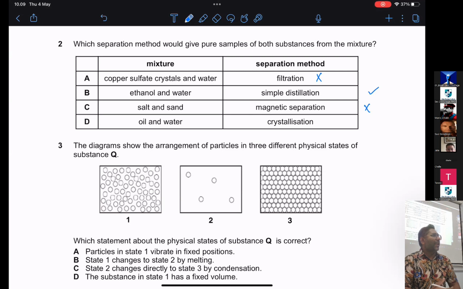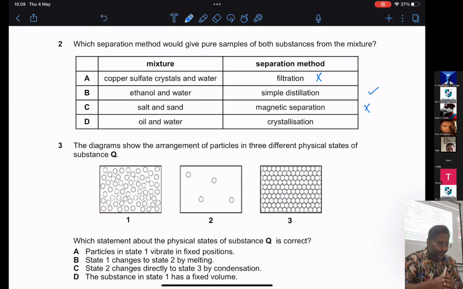How do you separate oil and water? I do not know the actual term for it. When you add oil and water, they will form 2 layers.